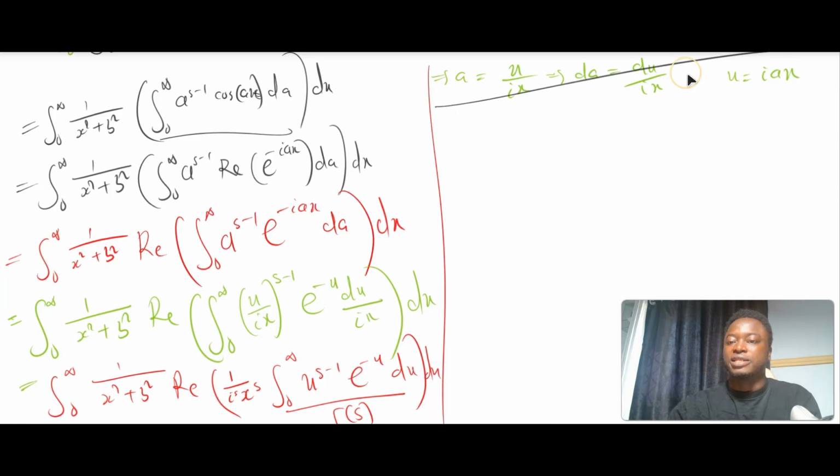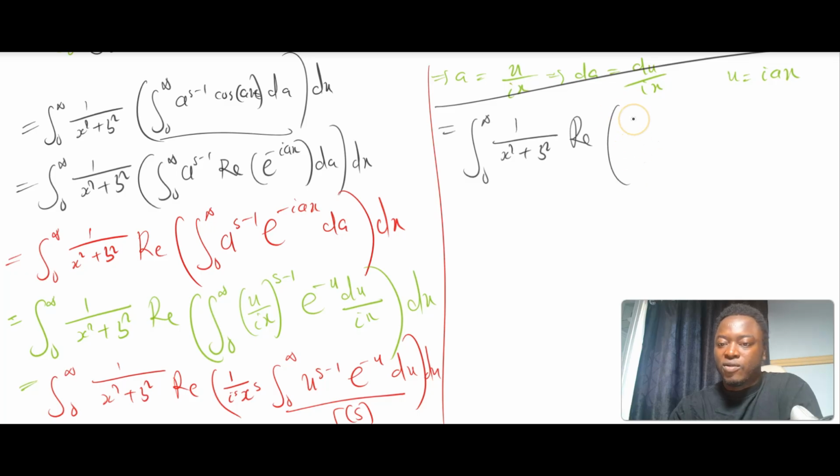So this right here would equal the integral from 0 to infinity of 1 over x squared plus b squared times the real part of 1 over i to the s power, x to the s power, times gamma of s. Then you have dx.